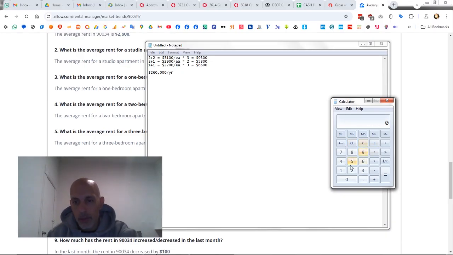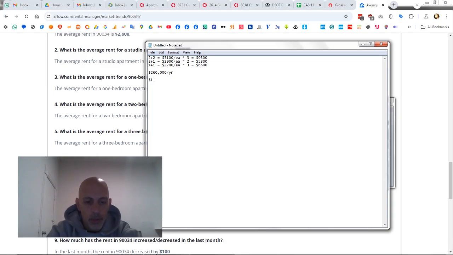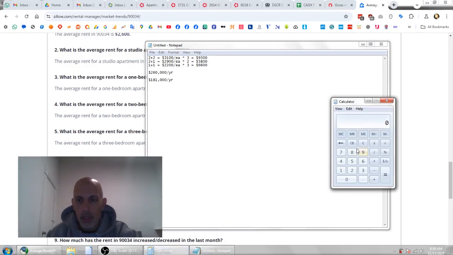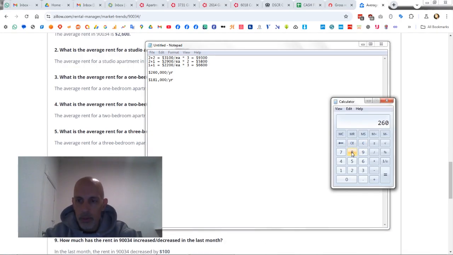And they said they have a GRM of 11.55, which means they're closer to $181,000 a year. So looking at this, we can figure out which units are vacant. 79,000, right? Now divide that by 12. And that's $6,583, about $6,600.